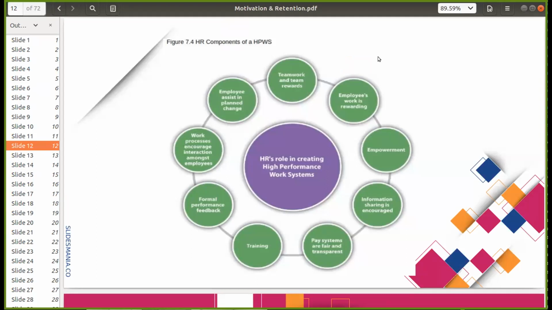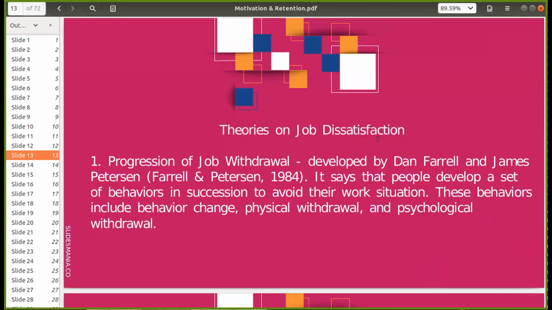So basahin niyo na yan, class, no? Ayan. So hindi ko na iisa-isahin yan. Okay, so nakita niyo dito yung empowerment, ano? This is very important. Right?